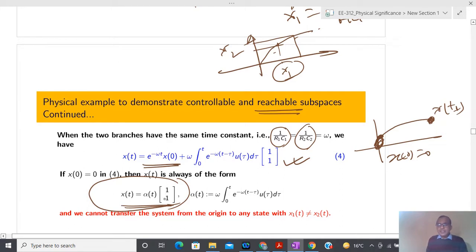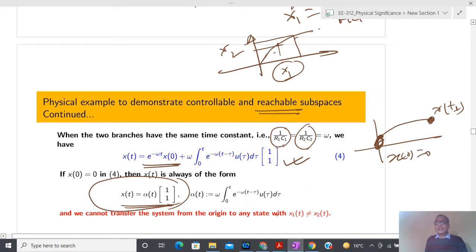So you can see that for the existence of a solution, these two being 1 means I can only travel in those directions where both components are equal. If they are not equal, I cannot travel using any control action design.